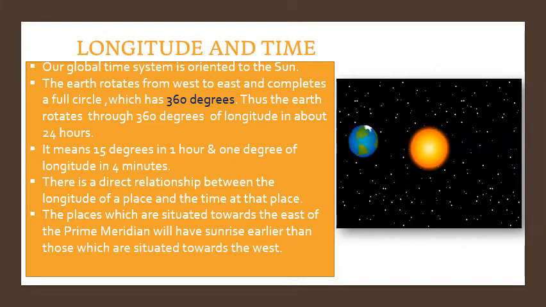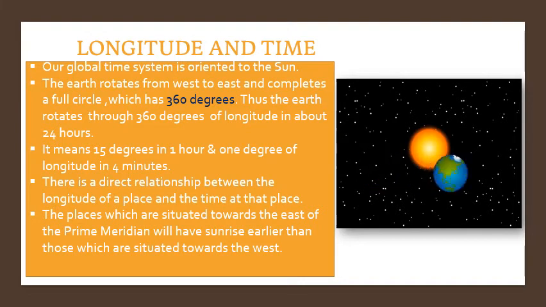Let's start from the prime meridian at Greenwich, that is, on 0 degree longitude. When the sun is at the highest point in the sky at Greenwich, all the places along the prime meridian will have midday or noon time.